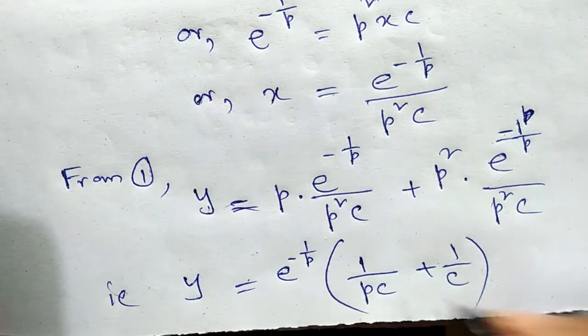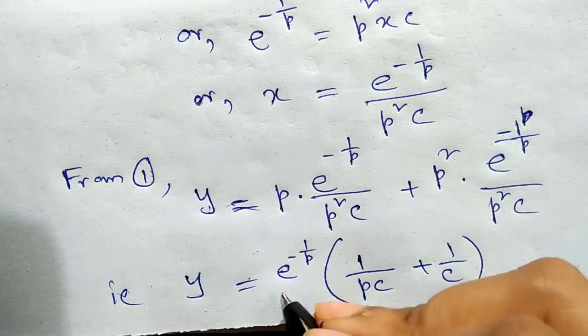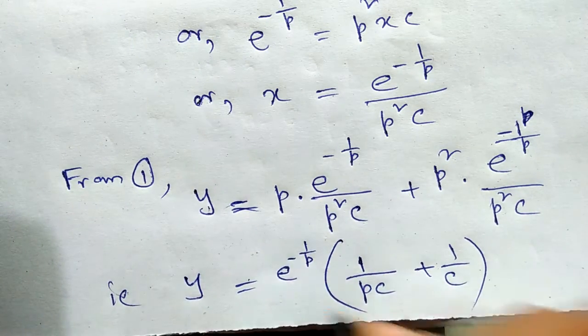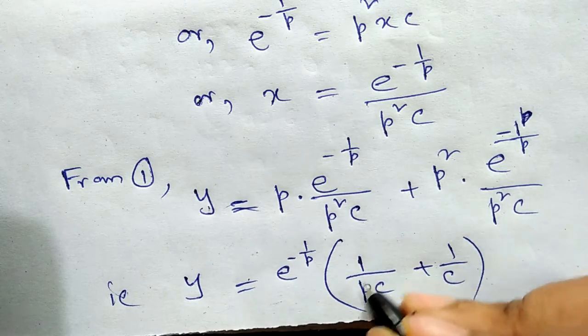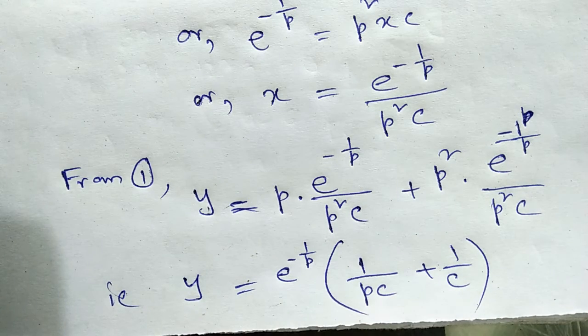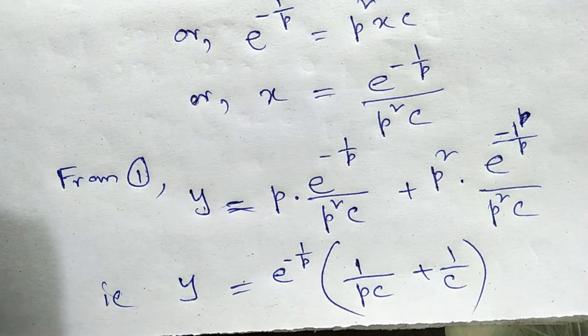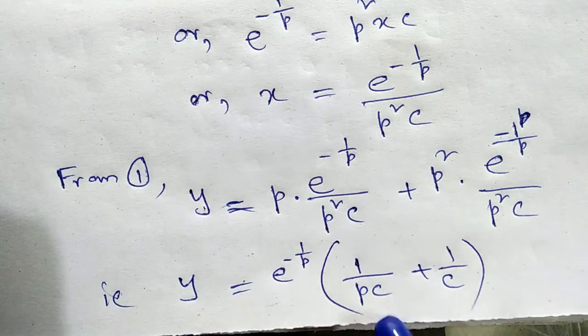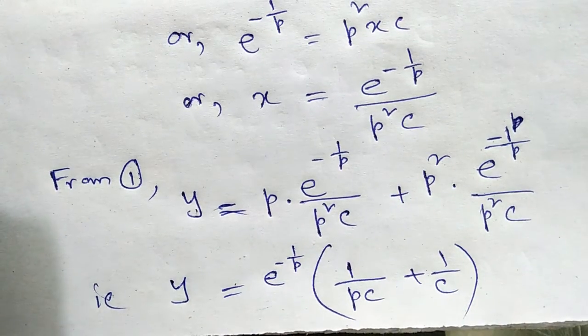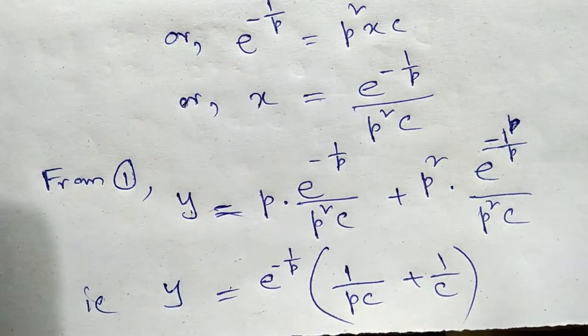Also we can take c as common, then we get y equal to e to the power minus 1 by p by c into 1 by p plus 1. So this is our required general solution.